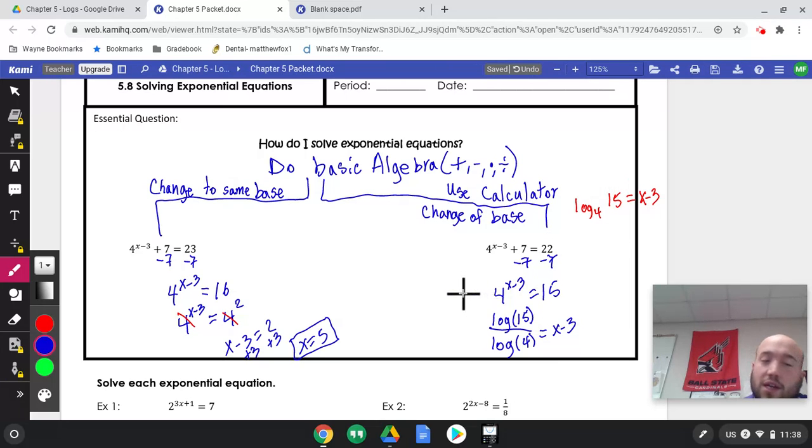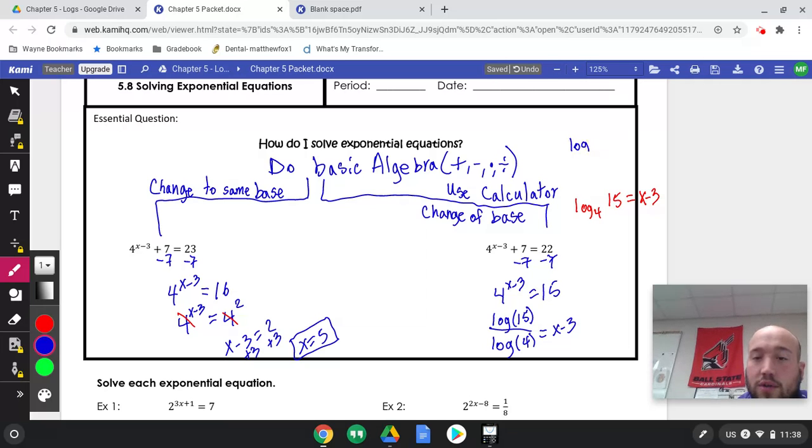Or you can think about it, the new way to think about the change of base formula when you're dealing with an exponential is just the log of whatever the answer is, meaning whatever's on the other side of the equal sign. So in our case, it was a 15, divided by still the log of your base. Remember, base is on the bottom. That is always the case. So in our case, our base was 4, so we put that on the bottom.